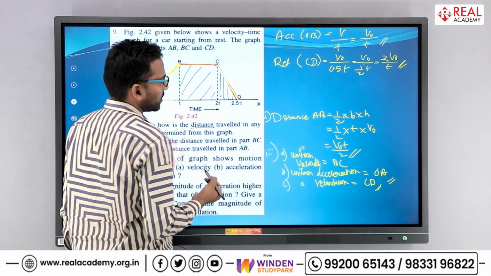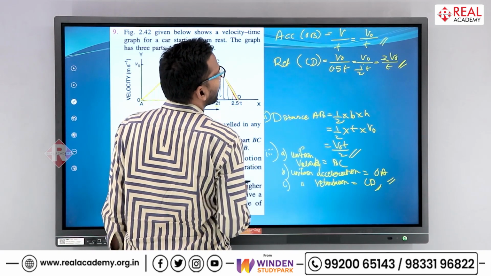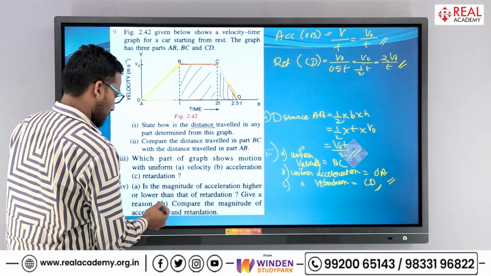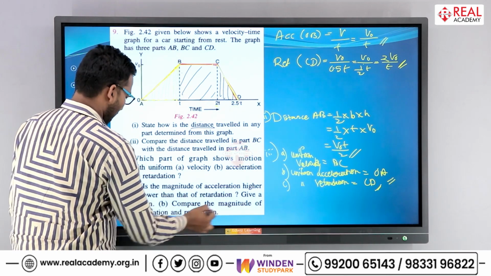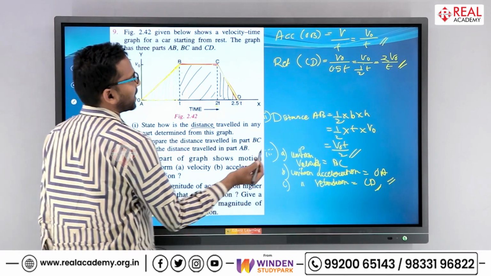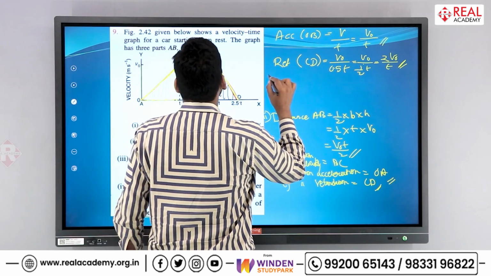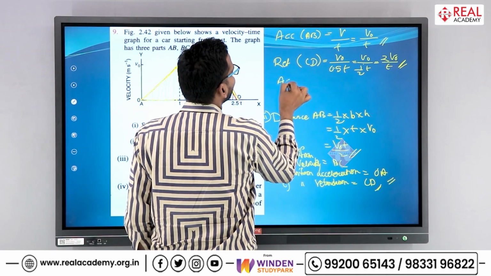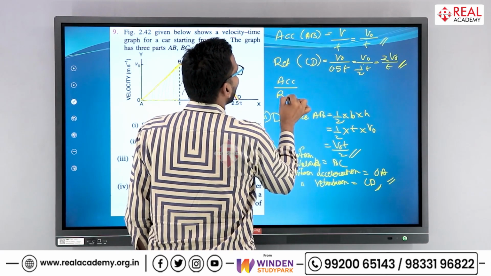And if I wanted to compare the magnitude of acceleration and retardation, this is AB, take the ratio of acceleration to retardation.